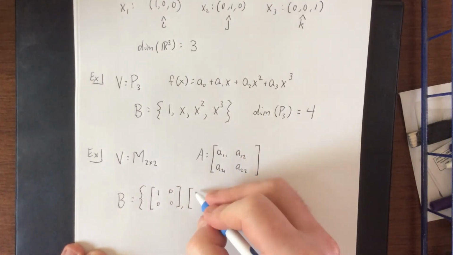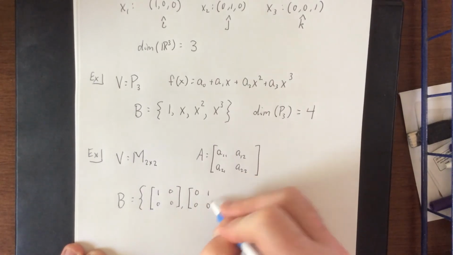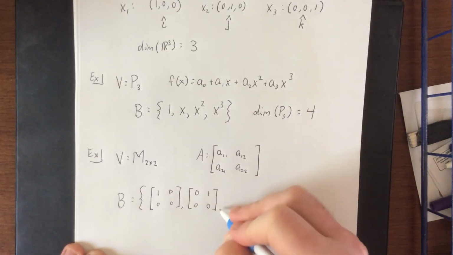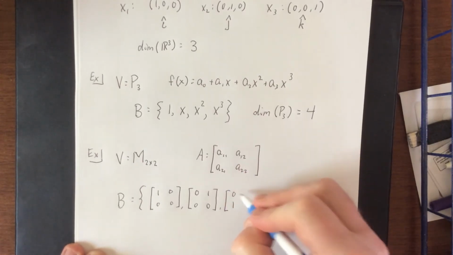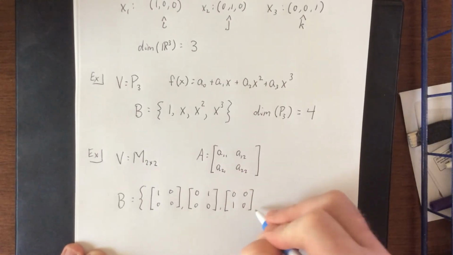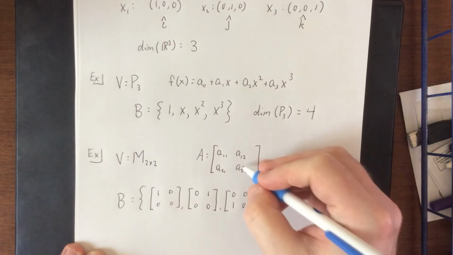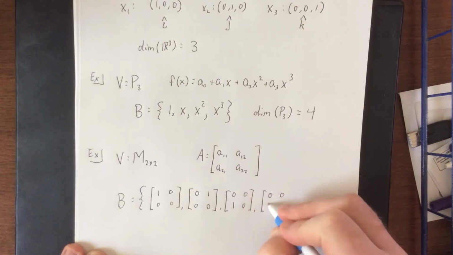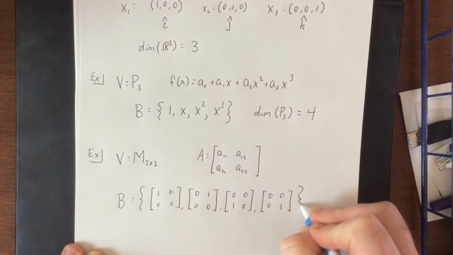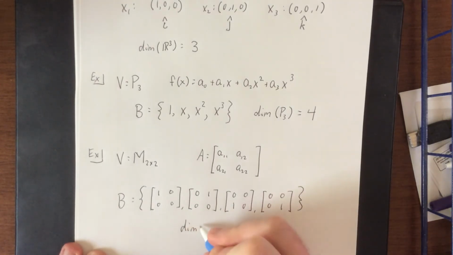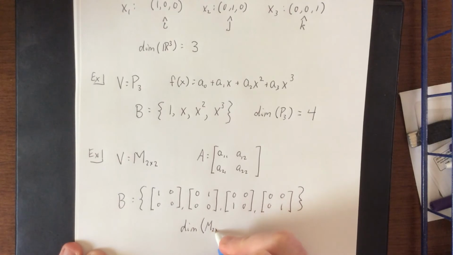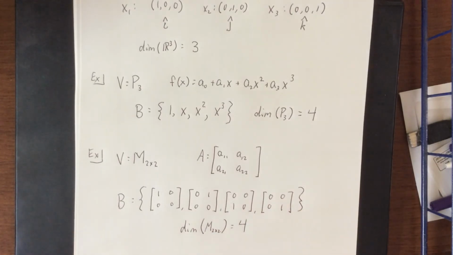Setting a12 equal to 1 and all others equal to 0, we would get 0, 1, 0, 0. We could set a21 equal to 1 and set all of the other entries equal to 0. And we could set a22 equal to 1 and set all of the others equal to 0. Through this, it becomes rather easy to see that the dimension of the set of 2 by 2 matrices would be equal to 4 using these standard operations.